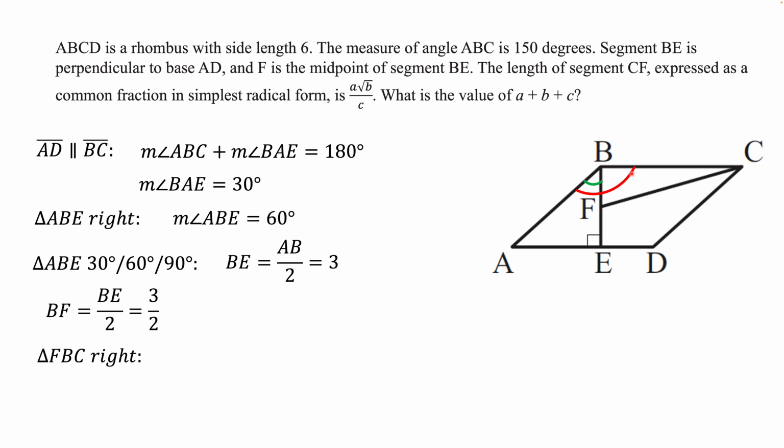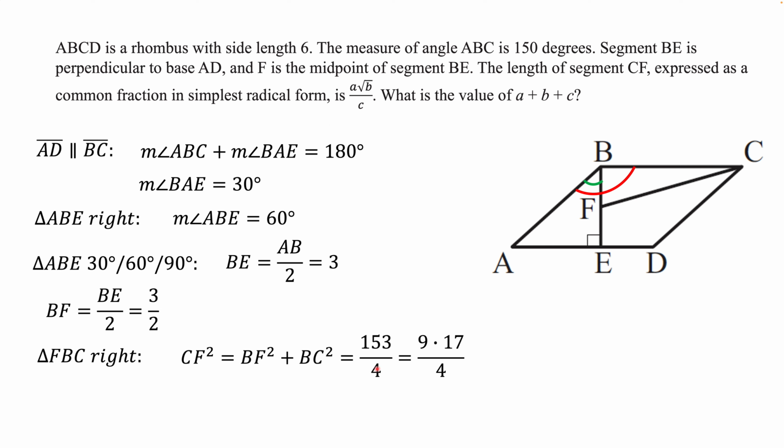It's 150 minus 60, which is 90 degrees. Since it's a right triangle, we can use the Pythagorean theorem. We know BF, which is 1.5. We know BC, which is a side of a rhombus, which is 6. Now we can take BF squared plus BC squared, and that's going to give us CF squared.